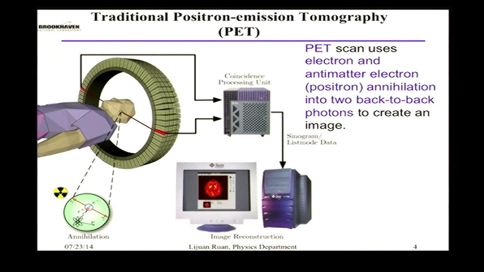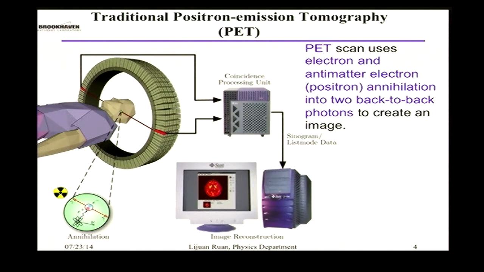I mentioned I will use special PET scan, then you will ask the question, what is the traditional PET scan? PET represents positron emission tomography, and this technique has been widely used in hospitals, for example, to generate pictures of human beings. Here shows that PET uses electron and positron annihilation to create 2 back-to-back photons.